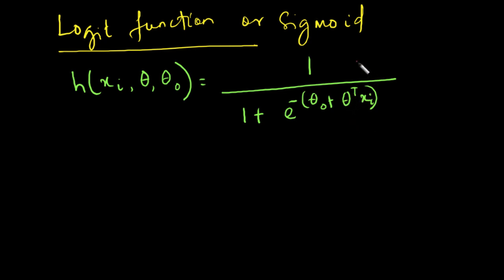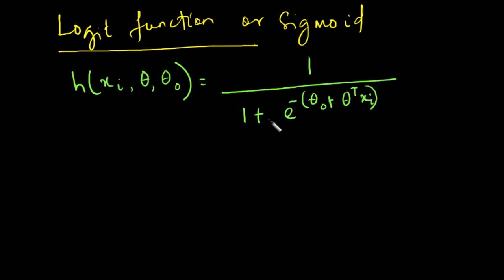So we can see that this hypothesis function satisfies our condition, and also h is always between 0 and 1, because this ratio can never become negative and it can never become larger than 1, because this exponential will always be a positive quantity.